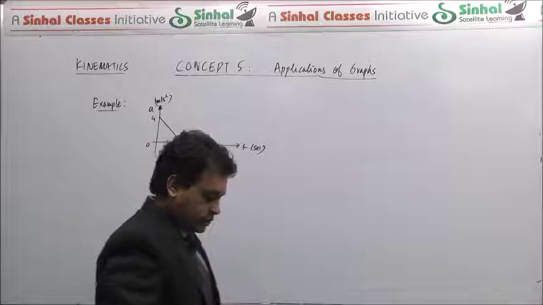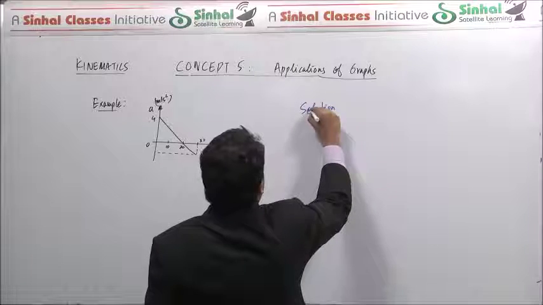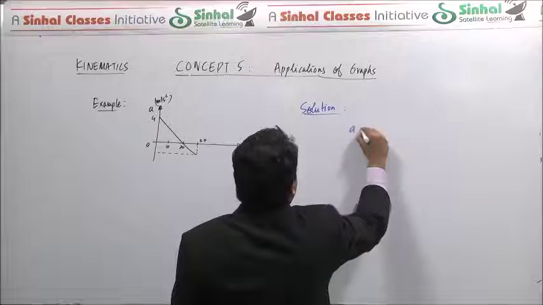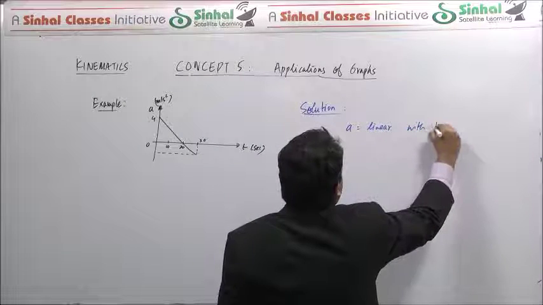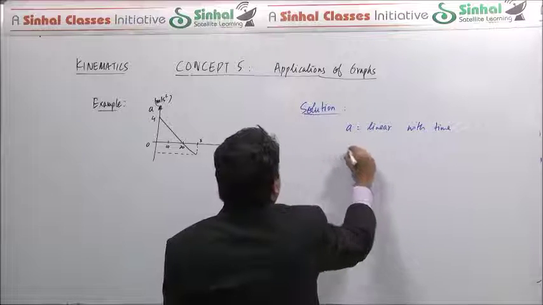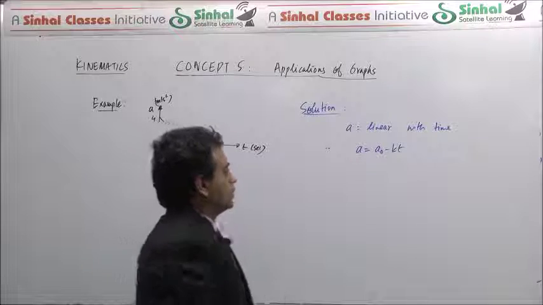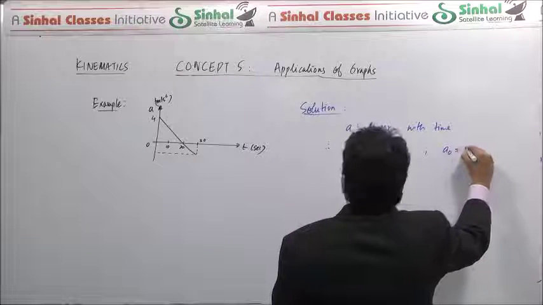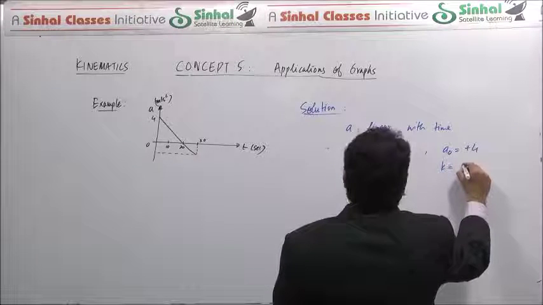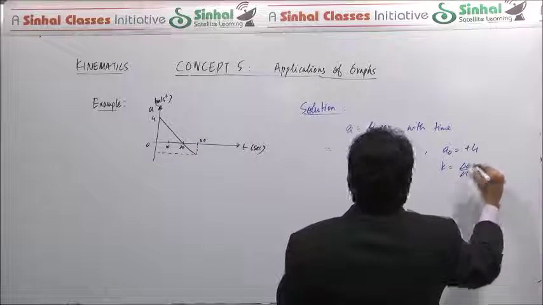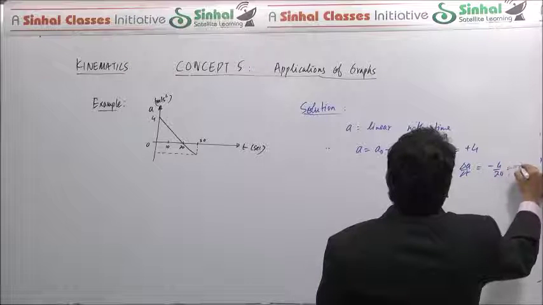is that, first of all, the acceleration is linear with time, where we can see that it is something like this. From observation of the graph, the initial value of acceleration is +4, and the constant is the change in acceleration, delta a by delta t, which is -4/20 or -1/5.